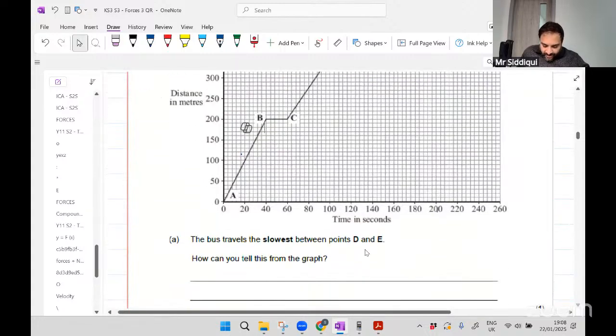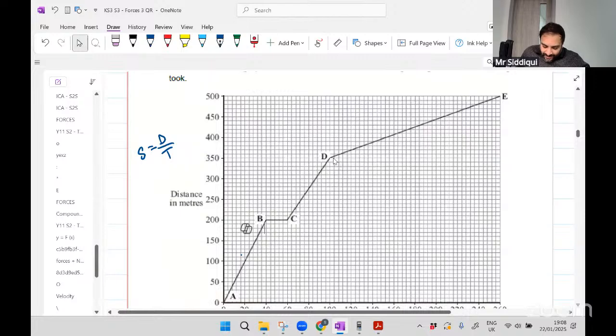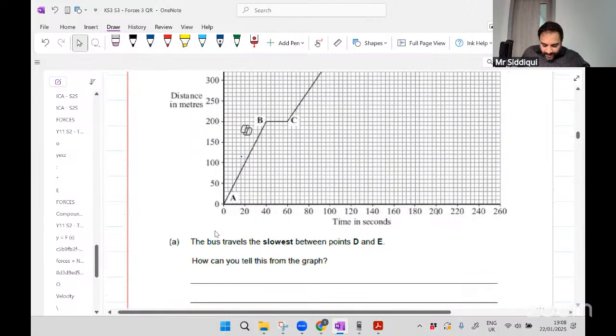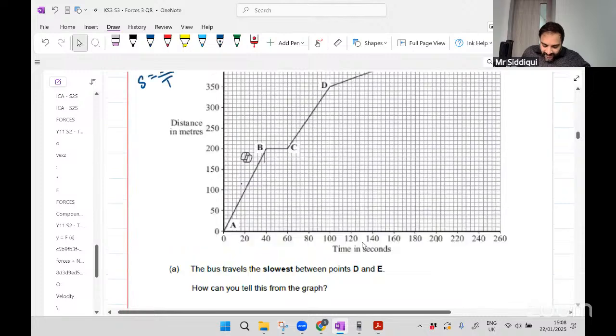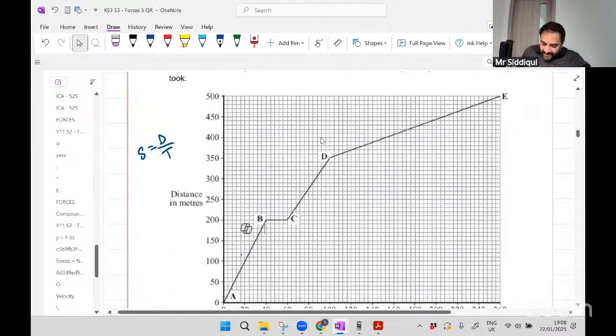The bus travels slowest between D and E. How can you tell from the graph? Well, it goes slowest at the point where the line is the least steep. So it's slowest between D and E. How can you tell from the graph? Because D to E is less steep would be enough for the mark, but the proper correct answer is that it has a smaller gradient.